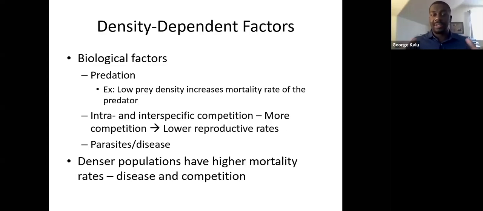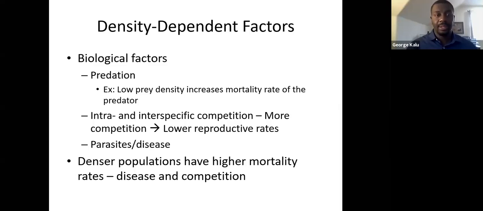So if we have lots of individuals packed together in a very small space, it's going to be a lot easier for diseases to jump from one individual to the next and then cause mortality inside that population. So denser populations will typically have higher mortality rates, and that's usually going to be due to the presence of competition, okay, competition for those resources, and then the presence of diseases hopping from one individual to the next, and then causing death there too.